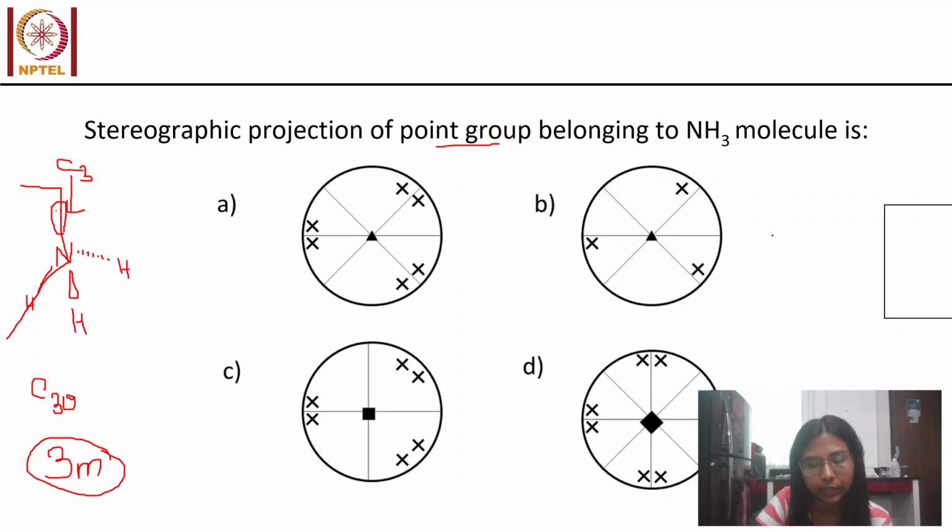Instead of identifying which one it is, what we have to do is draw. But if we look at the two options, we can see that this has a triangle, meaning the 3, and this is also a triangle, but here these are not triangles.